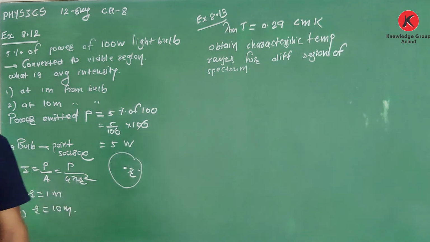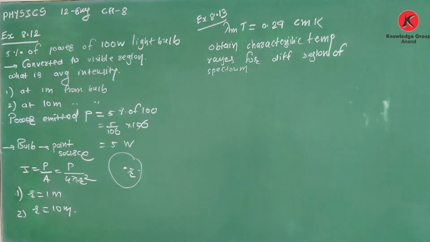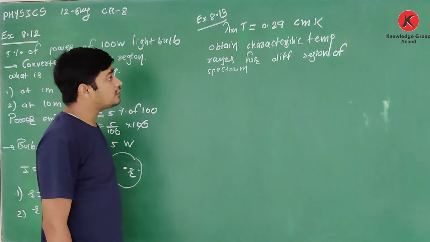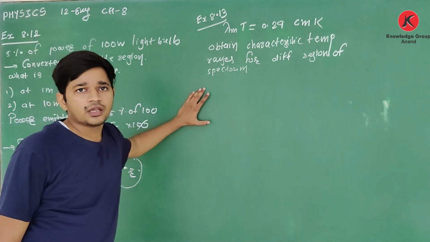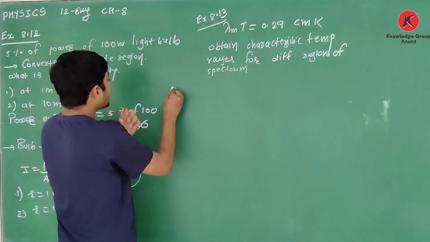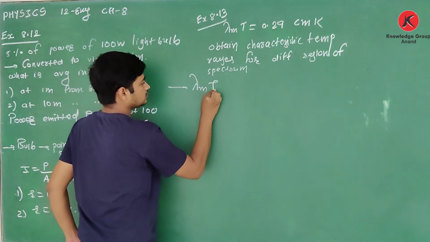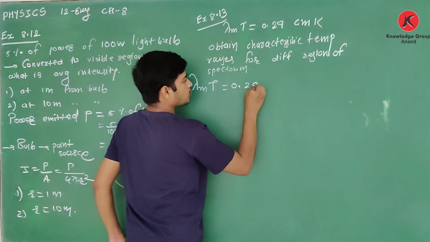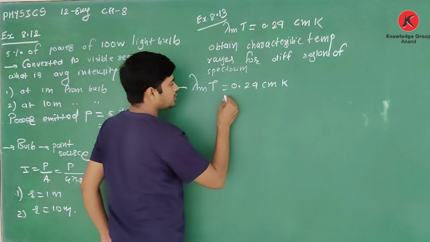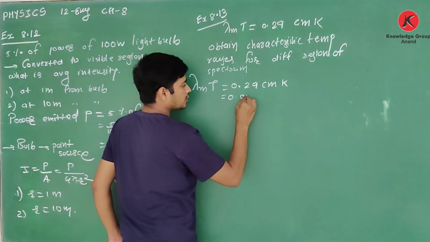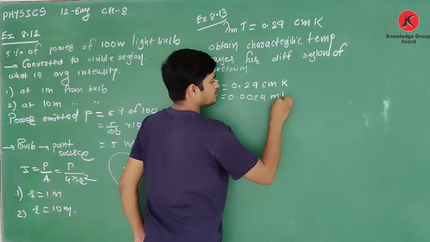Now next question. Lambda m into T is equal to 0.29 centimeter Kelvin. Obtain characteristic temperature ranges for different regions of the spectrum. Understand the question. This lambda m into T is equal to 0.29 centimeter Kelvin, or you can write 0.0029 meter Kelvin.